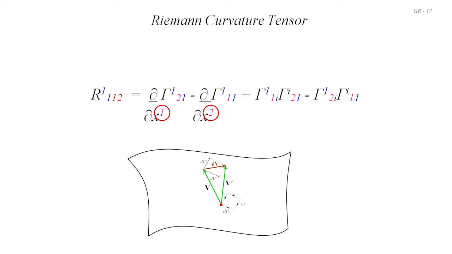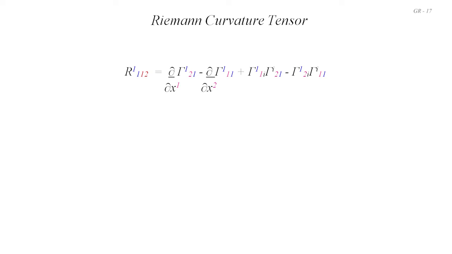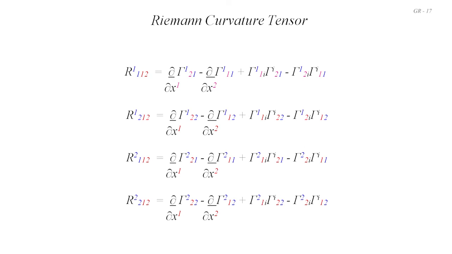Shown here as uppers, but of course they are on the bottom, so they are lowers here. Just think of this R1, 1, 1, 2 as a number, what we previously called a. Then, using that same rule, we can also write the b, c and d coefficients like this.